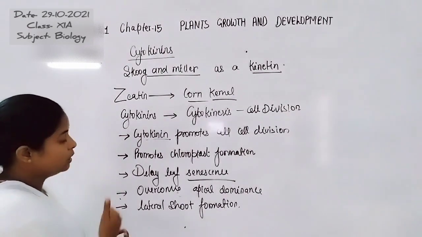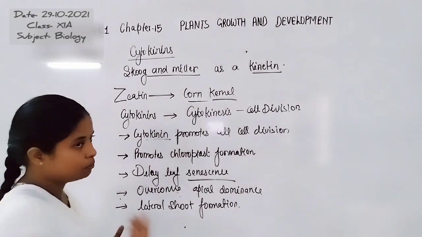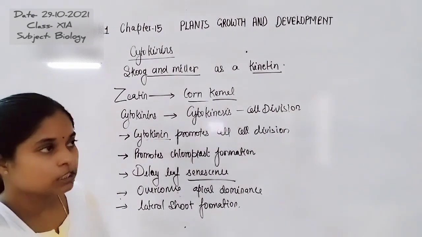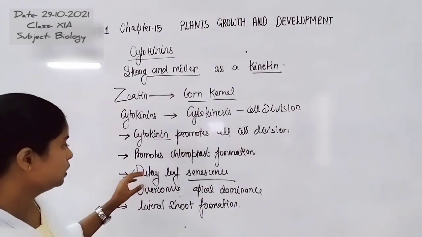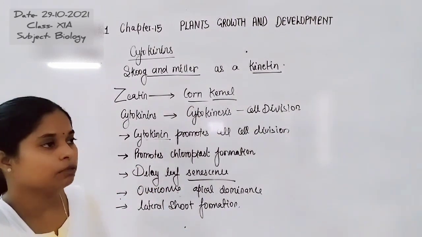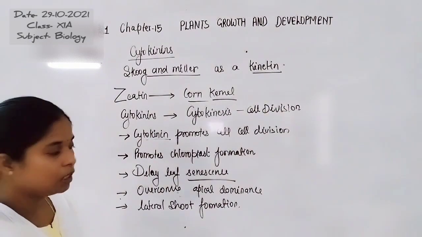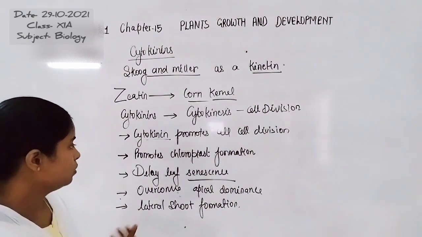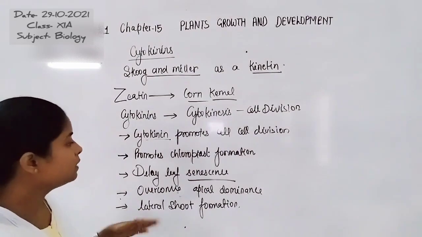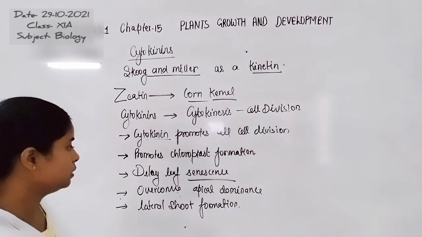Cytokinin always promotes physiological activity, so they delay leaf senescence. If favorable conditions are available, or the plant receives many nutrients, they delay leaf senescence and the plant looks like an evergreen plant.